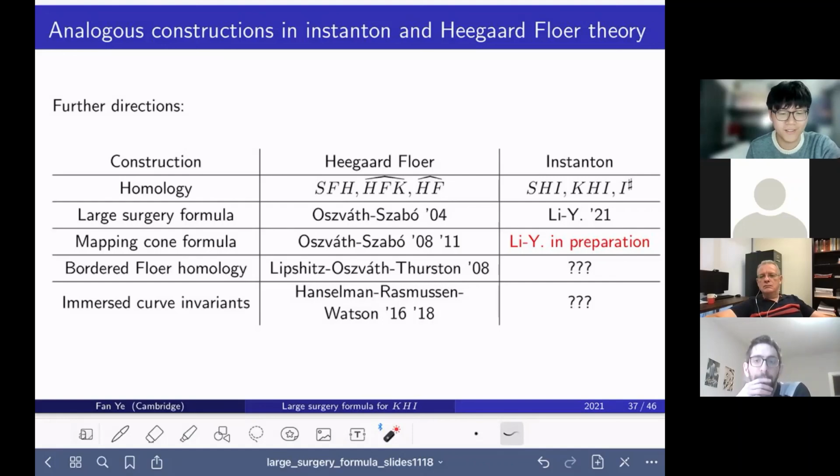So if we can understand the connected sum formula and the mapping cone formula, then we may get the gluing theorem for the bordered theory.